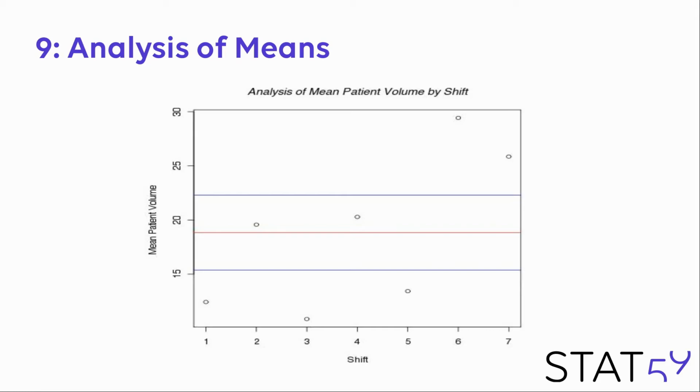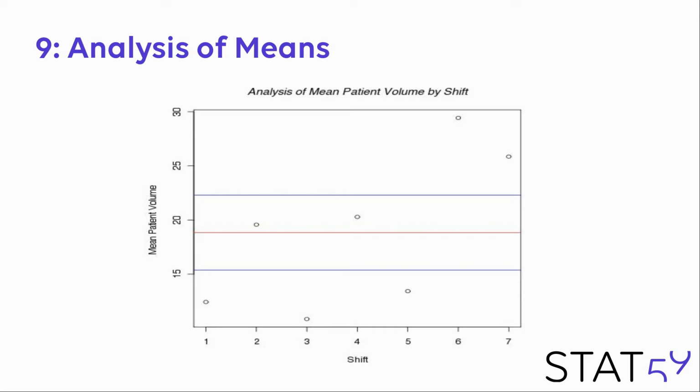So here you can see what we've plotted is the different types of shifts per day. So number 1 is the first shift of the day, 2 is the second shift of the day, 7 is the last shift of the day. And we've looked at the mean patient volume and plotted them. And here we've put the red bar, which is the overall mean. And then again, we've added these control bars.